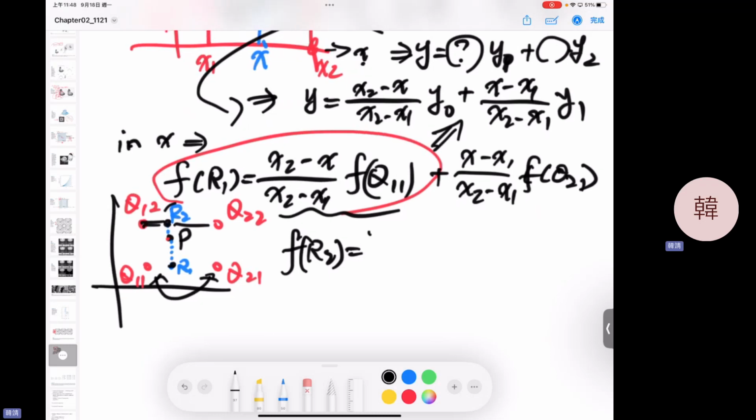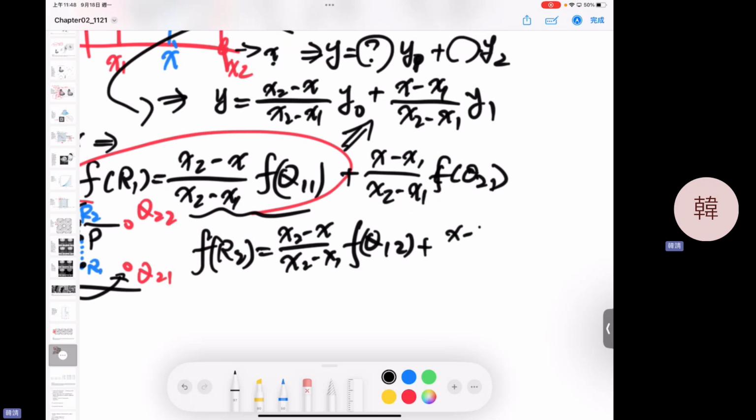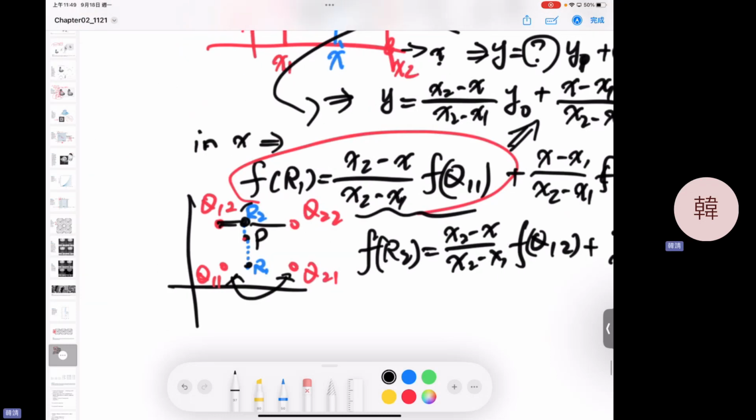So calculate, copy this one again, and this becomes Q12 plus the same parameter, x2 minus x1, and this is f of Q22. So see, I have this R2 and R1. Use one dimension in the x direction, twice, exactly. This for R1, this for R2.